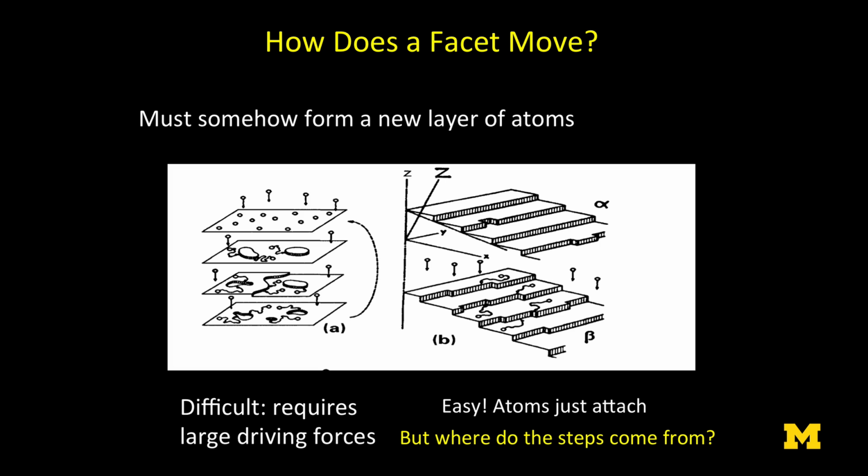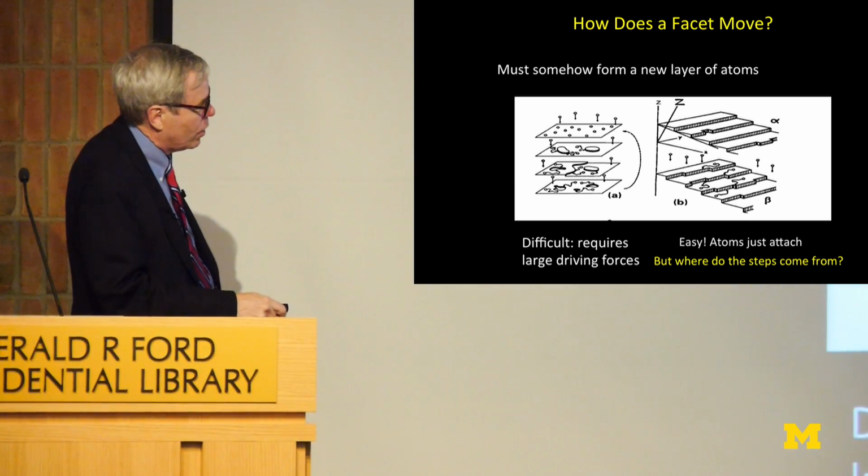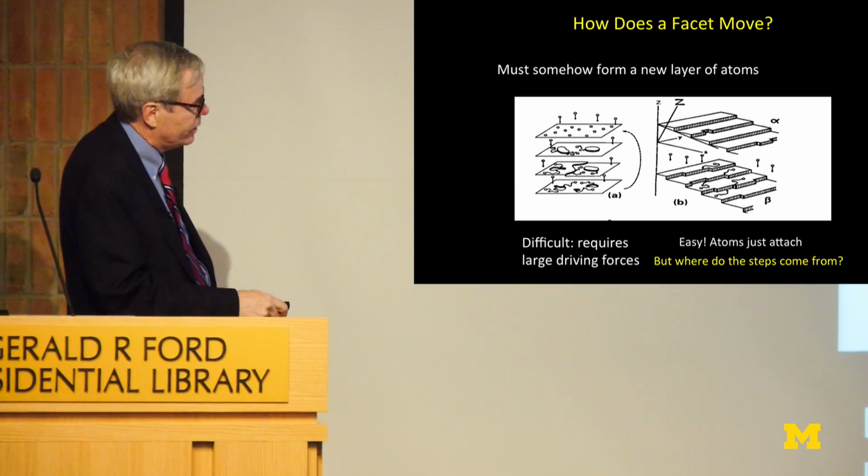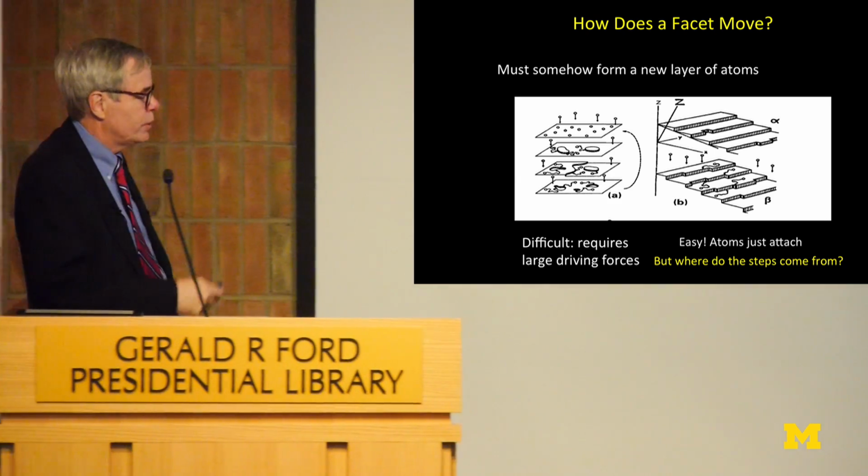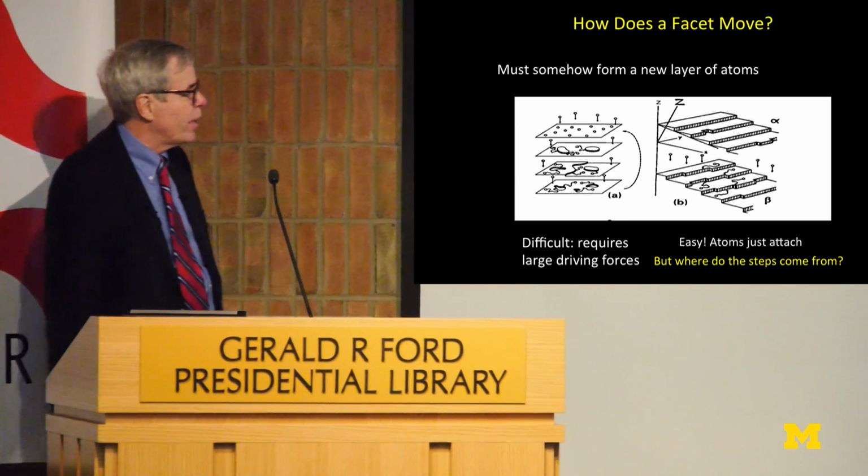And so how do facets move? They have to form a layer of atoms somehow. And the simple way is, well, you just rain the atoms down from the top, and they eventually form a small little pillbox nucleus of solid, and then the atoms attach to the ends of the steps, and the steps go across and you form a facet. Turns out that that's very difficult to do.